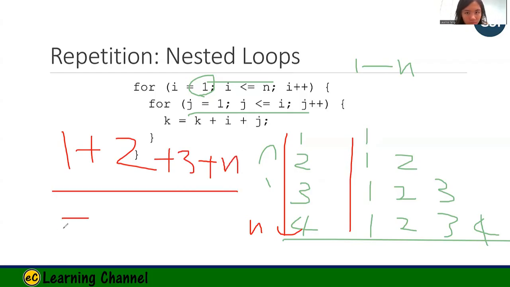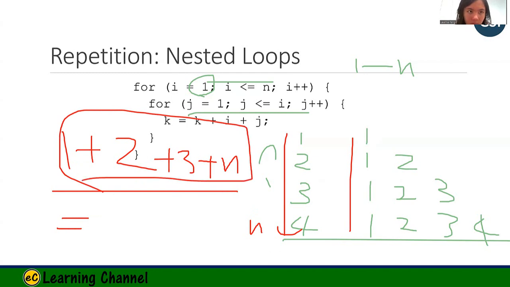This one equals what? 1, 2, 3, 4, 5, 6, 7, 8, 9 up to N. In math, it's called N times N plus 1 divided by 2.